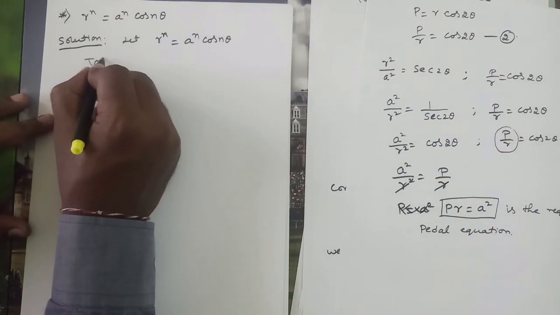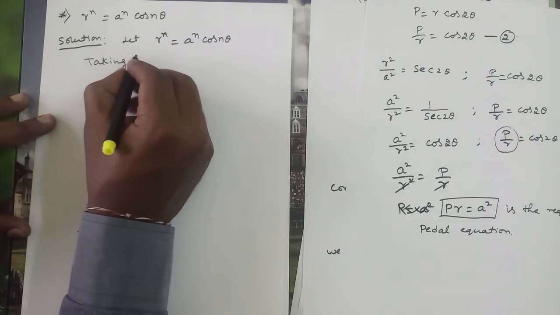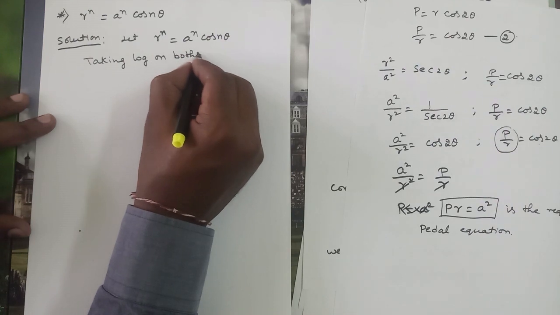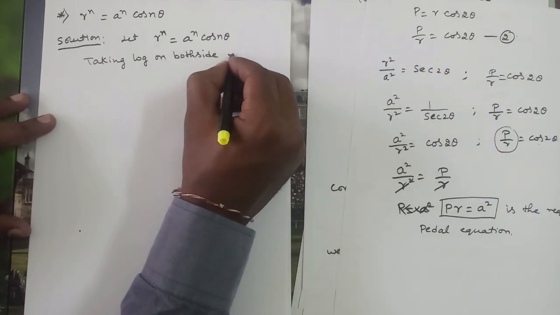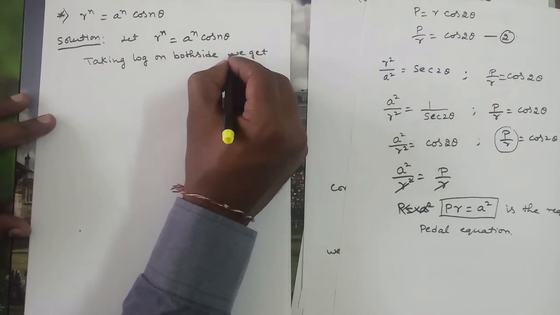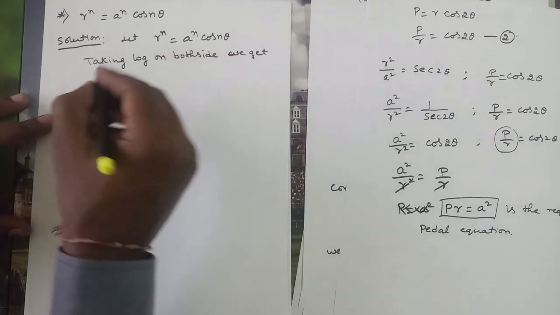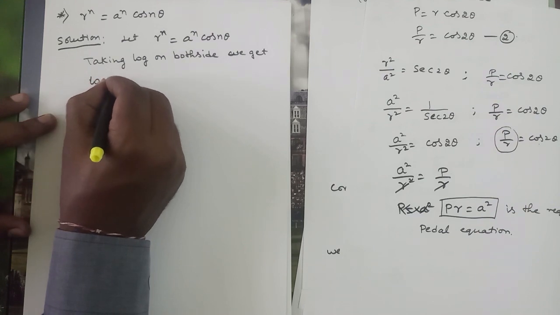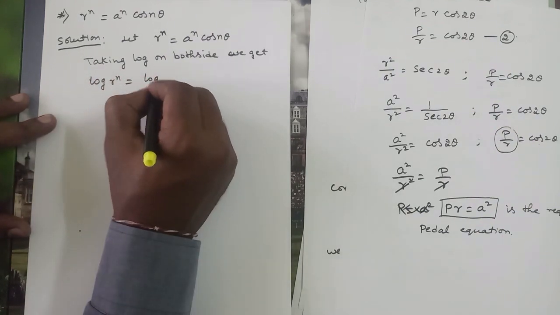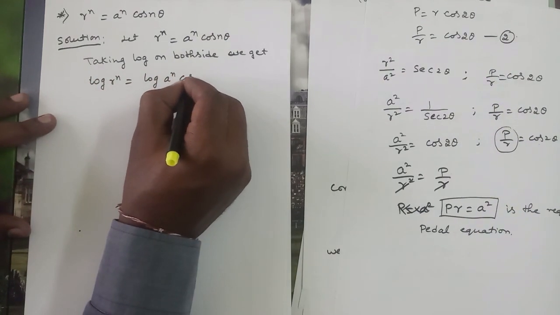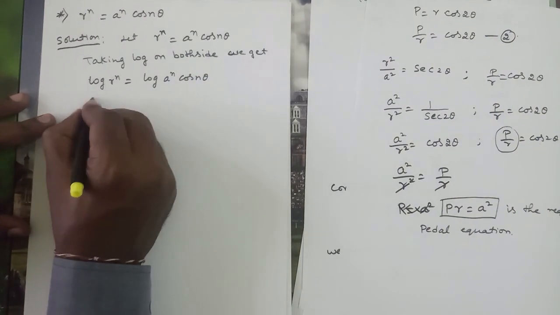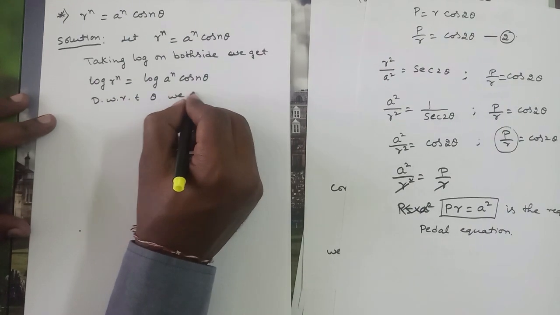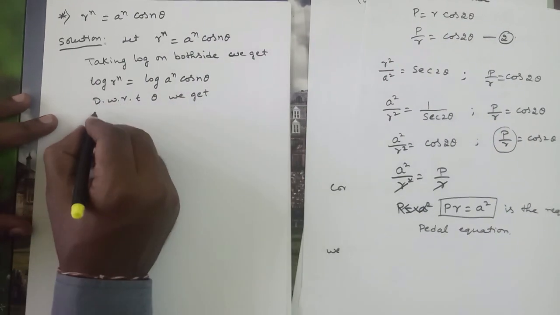Taking log on both sides, we get log R to the power of n equals log A to the power of n into cos n theta.